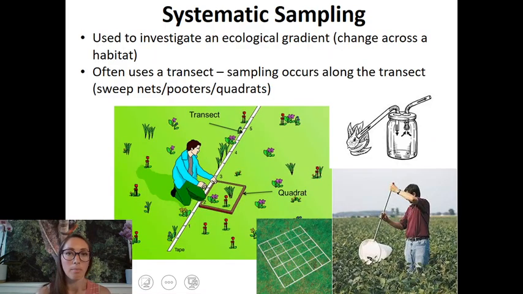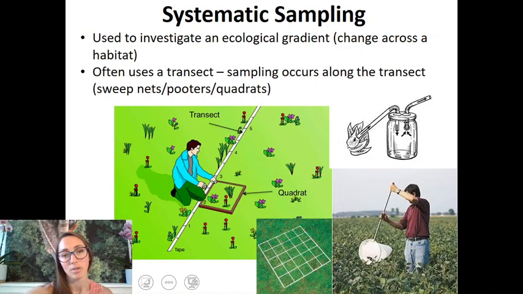Systematic sampling is often where you're using a transect. It occurs across an ecological gradient like the one we were just looking at on the beach. If we're looking at an ecological gradient, we can set up a transect.